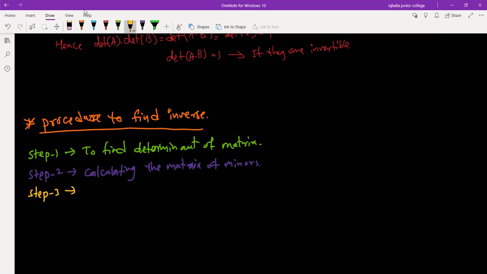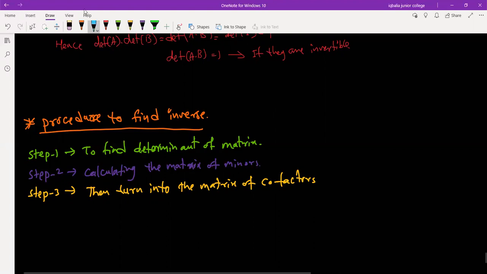Okay. Now the third step is to turn it into the matrix of cofactors. Now the fourth step is the transpose, or we can say adjugate, or we can say transpose.